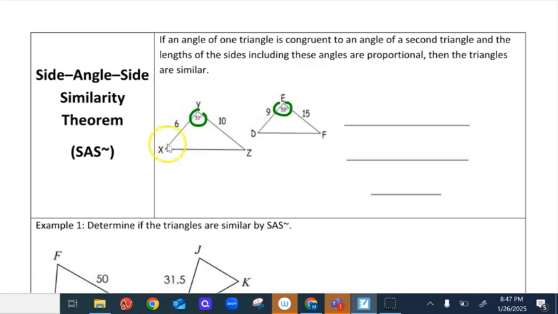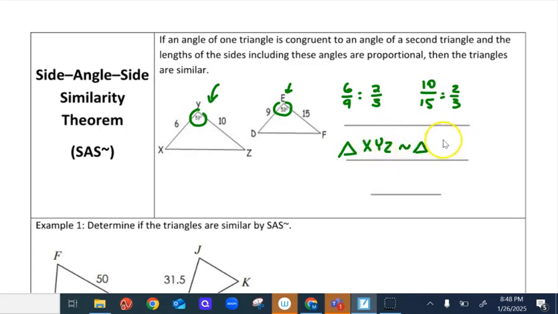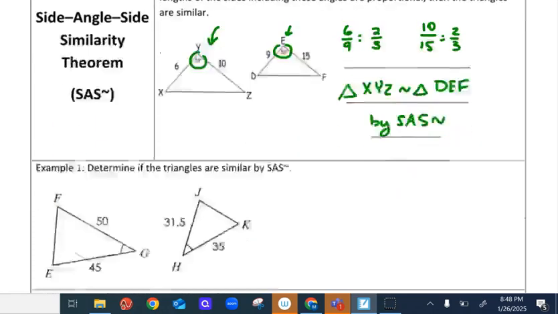So in this case, we're just going to check out these two sides, 6/9 and 10/15. They're both 2/3, plus they gave us the congruent angles, so we can say that XYZ is similar to DEF by the side angle side similarity theorem.